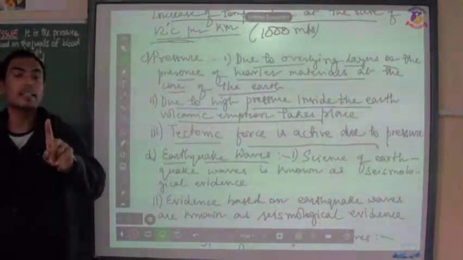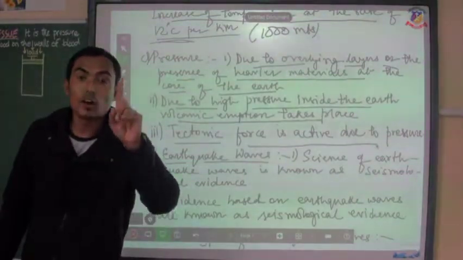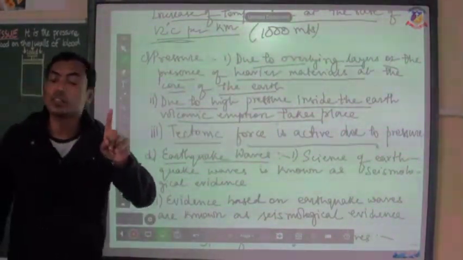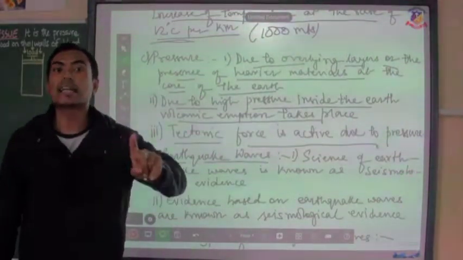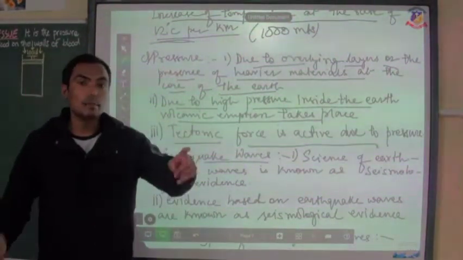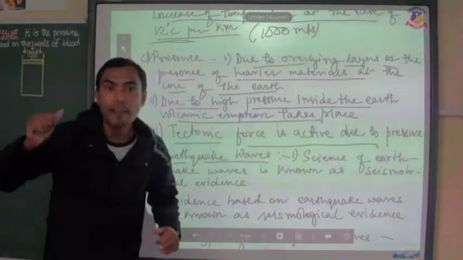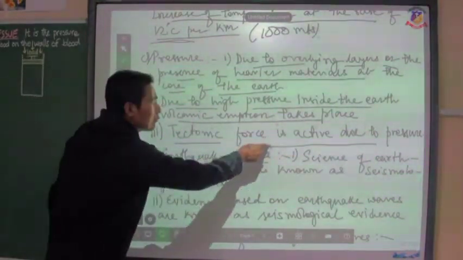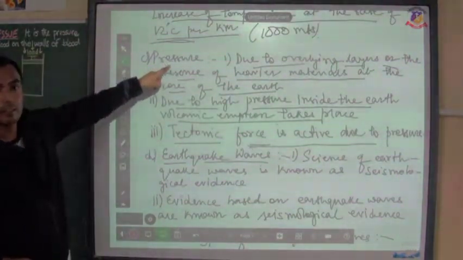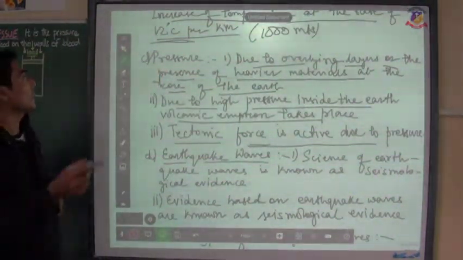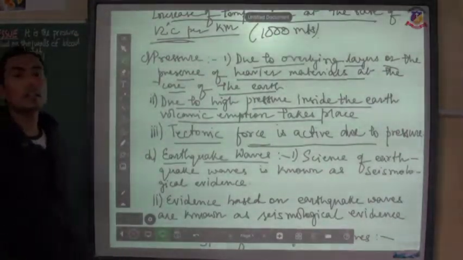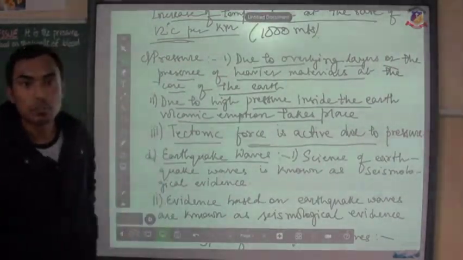It has been said that the tectonic plates and the continents are not static in nature. They are moving constantly, but we do not feel it because everything with us moves. So because of that, this tectonic force is active because of the pressure, and it keeps on moving from one place to another, resulting in the formation of different types of landforms.